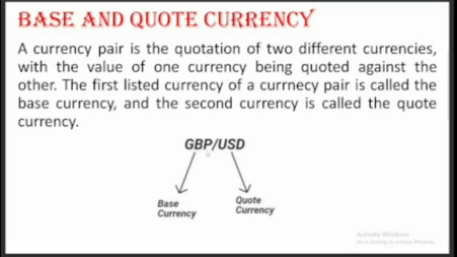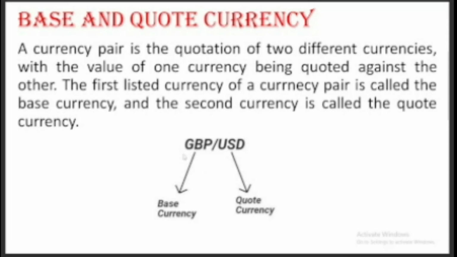That's the UK currency, the United Kingdom currency. So that's the pound, and it's the one coming first in this currency pair. That is why it is the base currency. While a quote currency is the currency being paired with the base currency.